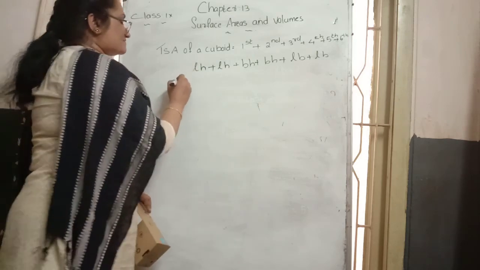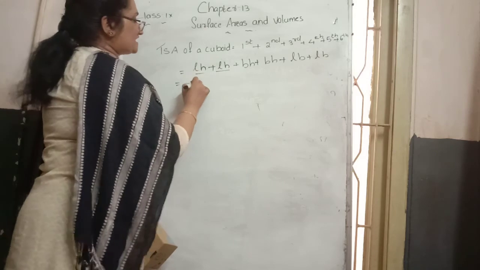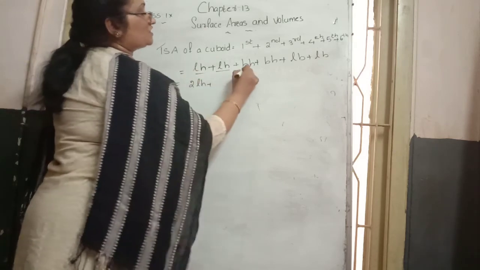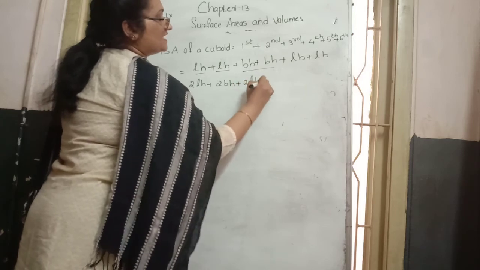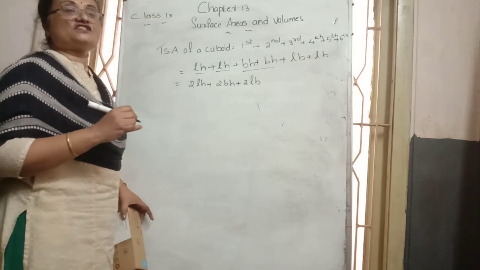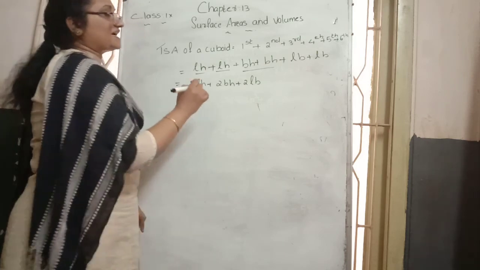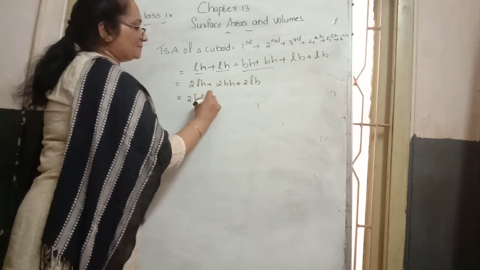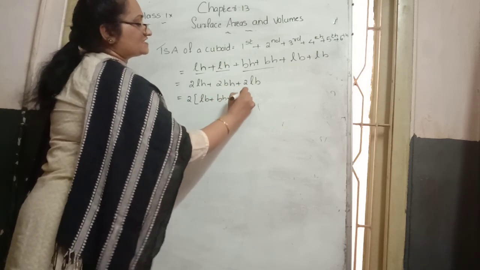Then how many times do these appear? 2 times LH, 2 times BH, then 2 times LB. Which number is common? Take the 2 common outside. So LB plus BH plus HL is the formula.